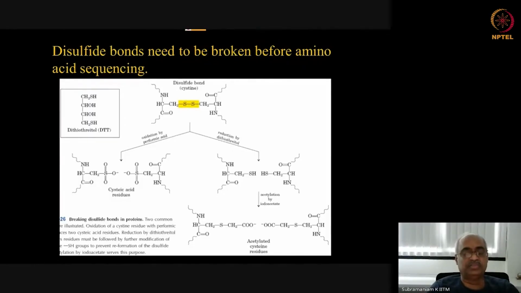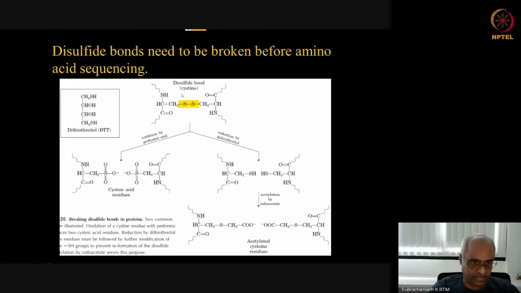So when you are going to do sequencing, this covalent bond needs to be broken. Then only you are going to have the undisturbed chain where that PTC adduct based cleavage and sequencing can continue. And how do you do this?